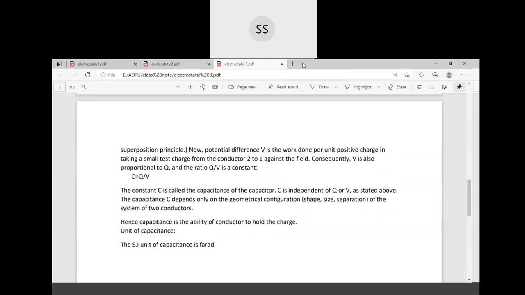Okay, so write down a question. Define 1 farad capacitance. This is your homework. And if you know, you can tell me now.